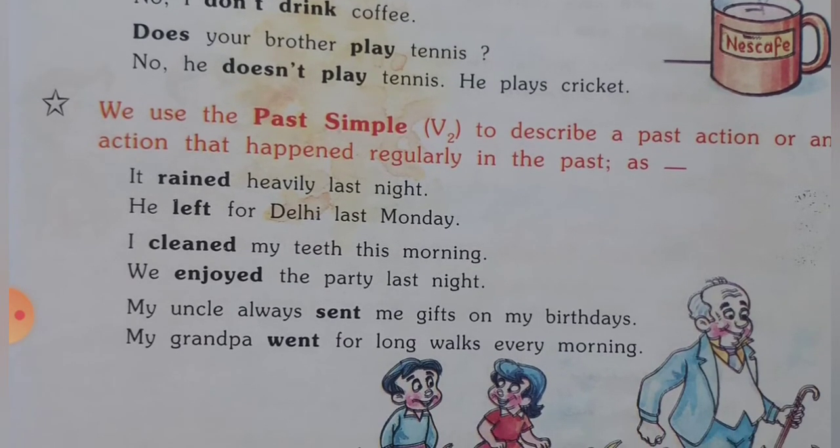My uncle always sent me a gift on my birthdays. My grandpa went for long walks every morning. Here, last night, last Monday, this morning, my birthday, every morning, and the verbs rained, left, cleaned, enjoyed, sent, went all indicate simple past tense.